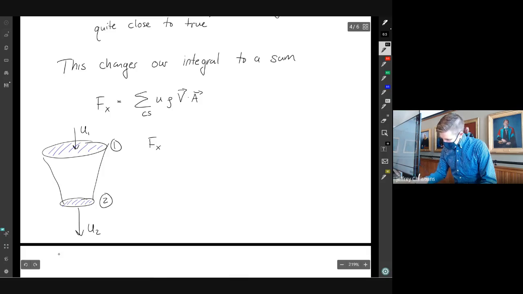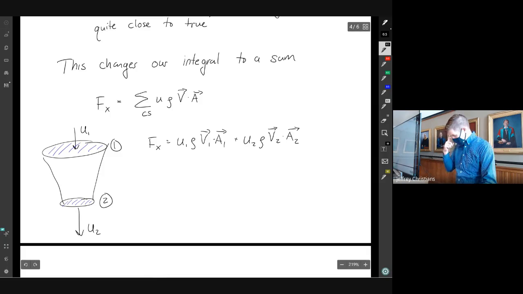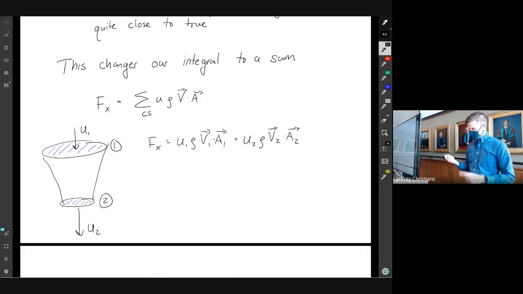So the sum of all the forces in the x direction equals u1 rho v1 dot A1 plus u2 rho v2 dot A2. Now we have to look at our signs to make sure we get the sign conventions correct. That's where the dot product comes in handy.